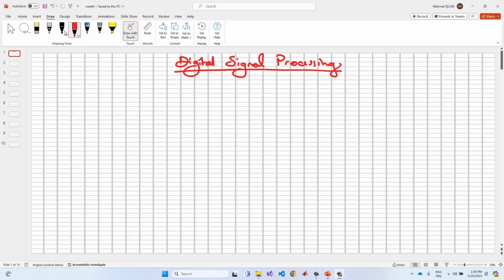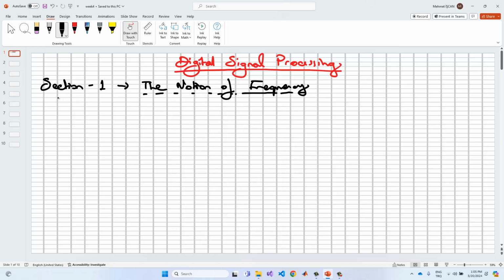So in this lesson we will talk about the notion of frequency, but in a deeper way. In the previous lesson we talked about the shape of this frequency pattern in geometry, but in this lesson we will continue with the derivation of this term in an algebraic way.